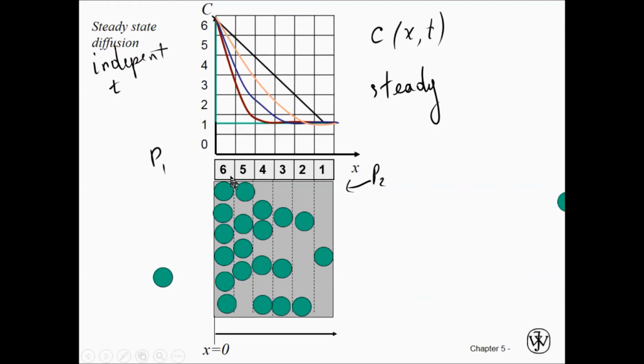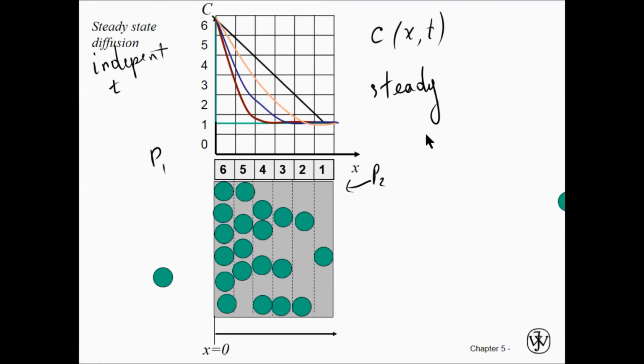So a question: does concentration change with time? The answer will be no, because you see these values don't change, because they come in and go out. They don't stay inside. That's why these values don't change. But these values change when I move in position. You see, when I go from left to the right, you see this concentration drops.